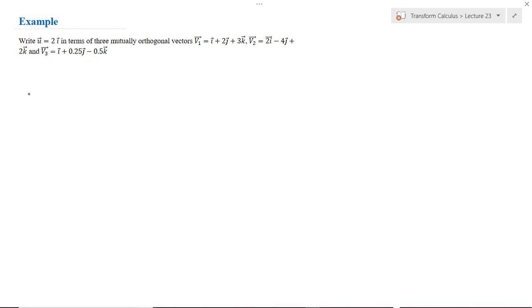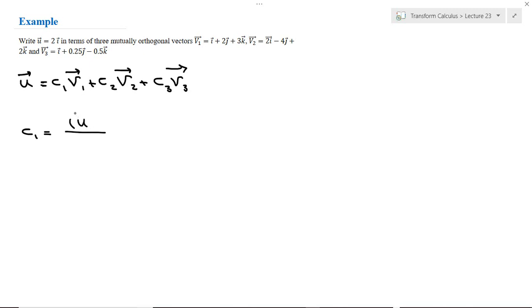So in order to find vector U in terms of V1, V2, V3, we have to find C1 times V1 plus C2 V2 plus C3 V3. And we said C1 is equal to the inner product of vector U and V1 divided by the magnitude of V1 squared.